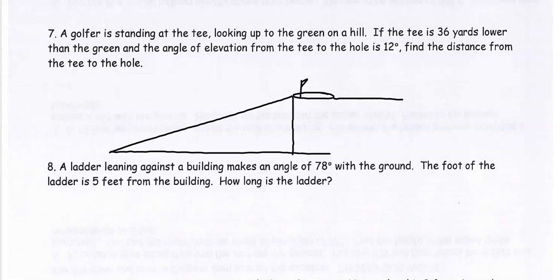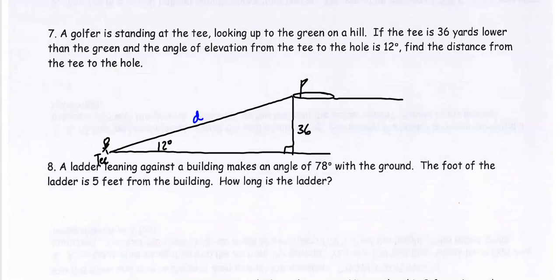And this is where our little flag is. We're trying to make it up there. And the tee is 36 yards lower. So this is the tee box, where the person is shooting from. So it's 36 yards lower. So that's our height. And the angle of elevation is 12. Find the distance from the tee to the hole. So we're trying to find that distance right there.